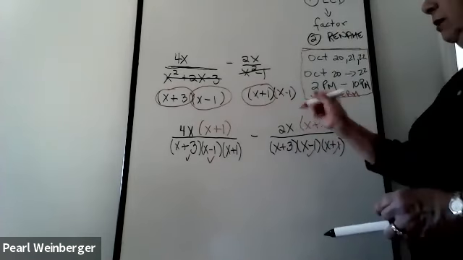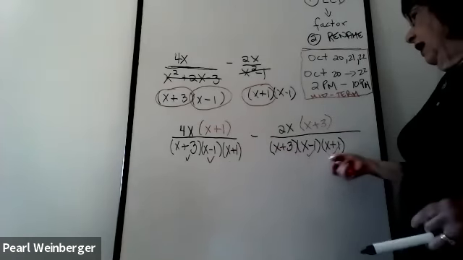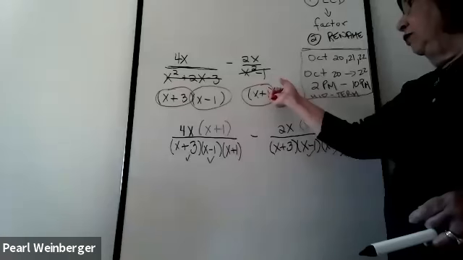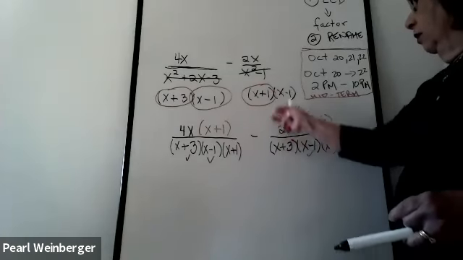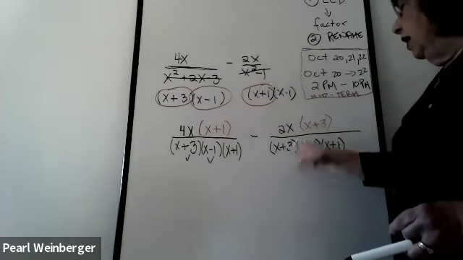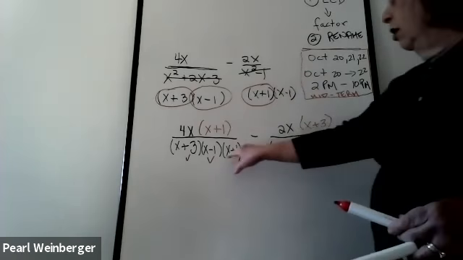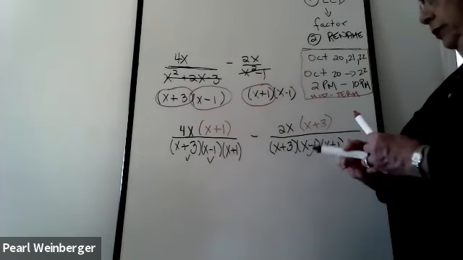If you notice, that's why I'm using these check marks, so I can easily see what is missing from my original that I now have in my common denominator. In this case, it's the x plus 3. Over here, it was the x plus 1.